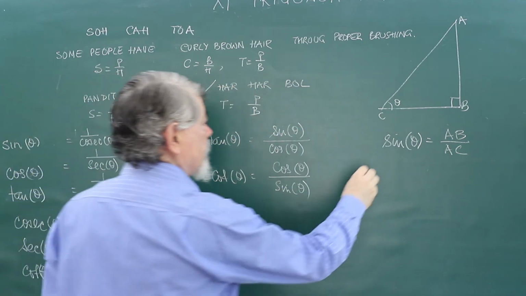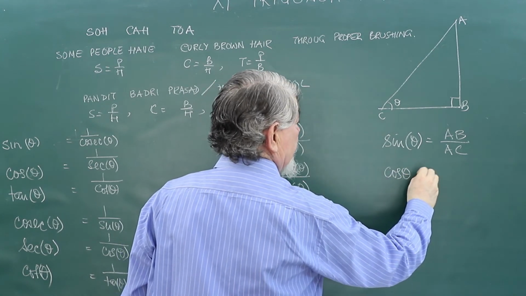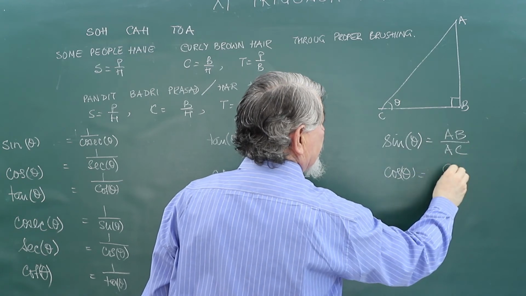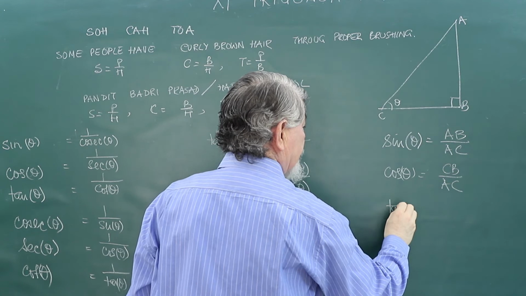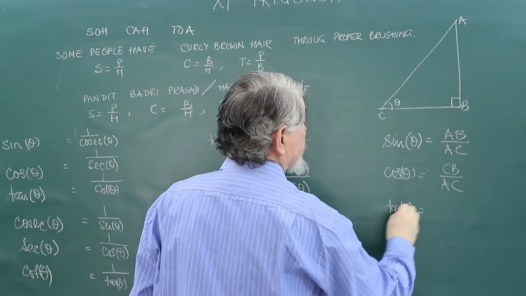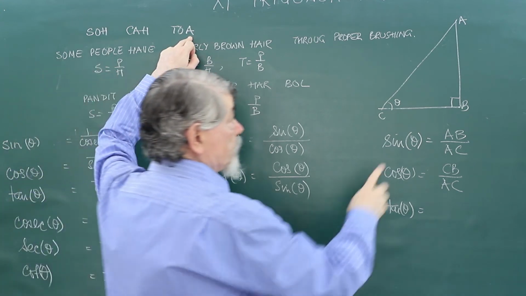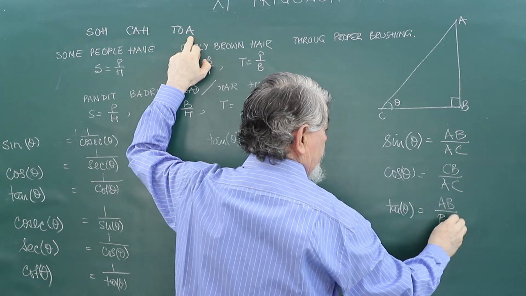Cos theta is adjacent upon hypotenuse. Which is the adjacent side? CB. And hypotenuse is AC. And tan theta is opposite upon adjacent. Opposite is AB, adjacent is BC.